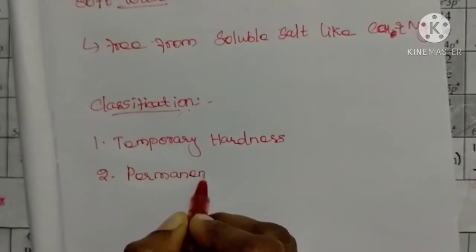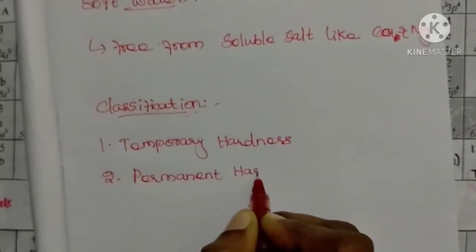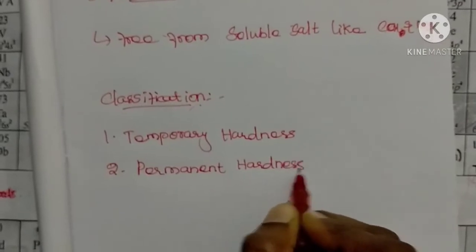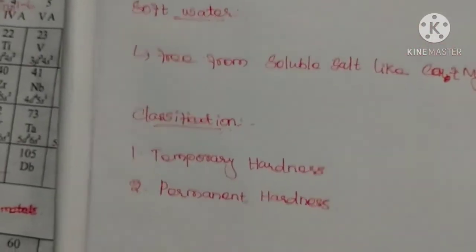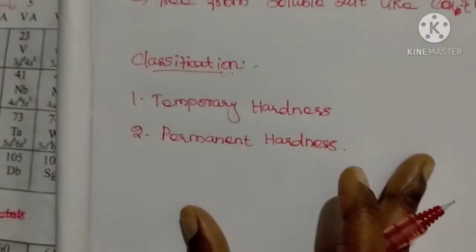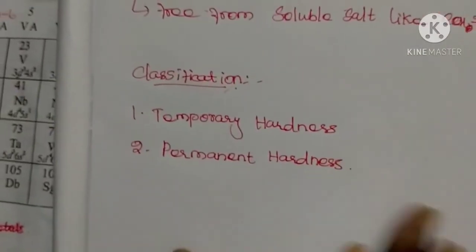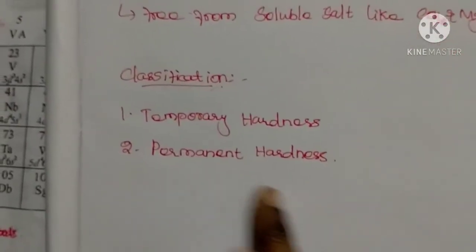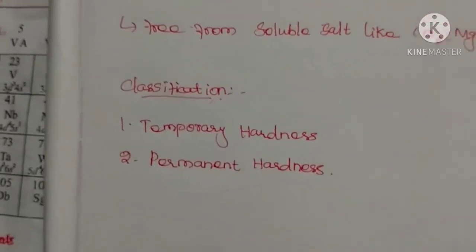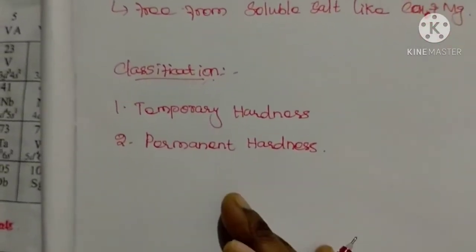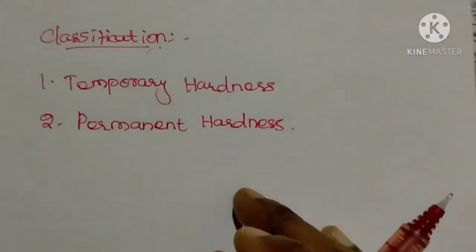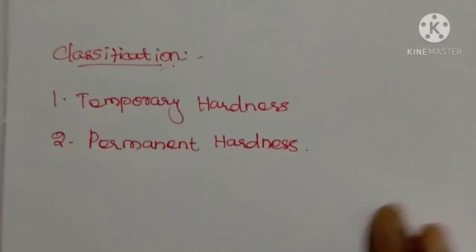Second, permanent hardness. So we classify the hardness of water into two types, temporary hardness and its removal, which we are going to see in this session, and permanent hardness of water and the removal of that hardness.